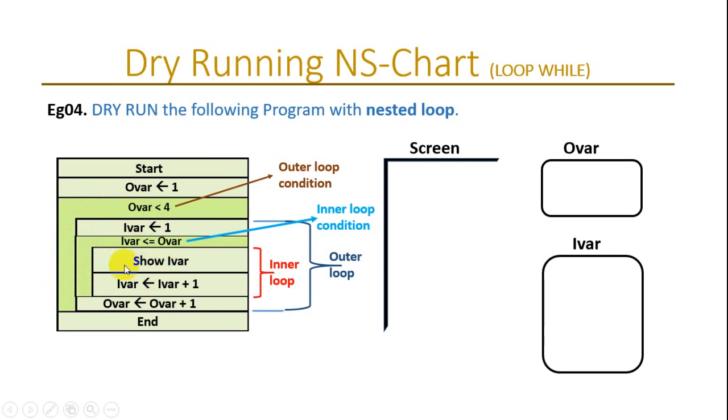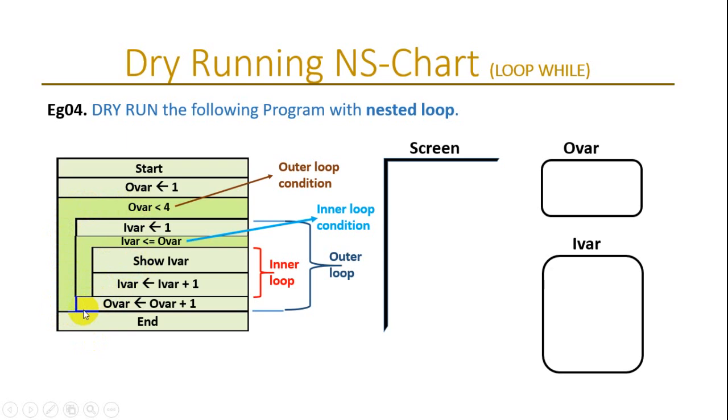The only thing is the outer loop always ends after the inner loop. The inner loop cannot end outside this. The inner loop cannot extend beyond the outer loop's endpoint. It can come up to this if it wants, only that.